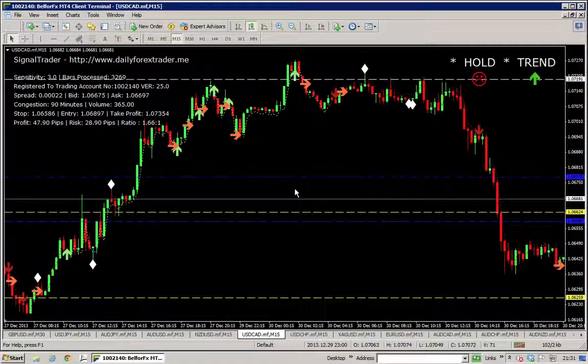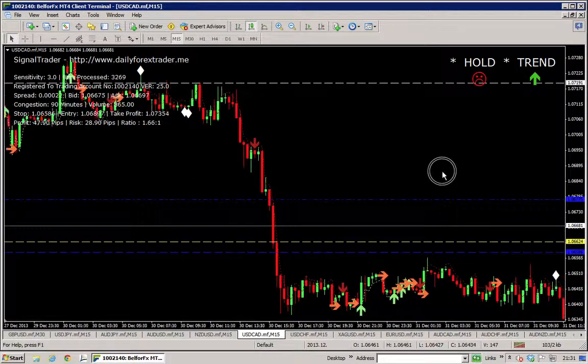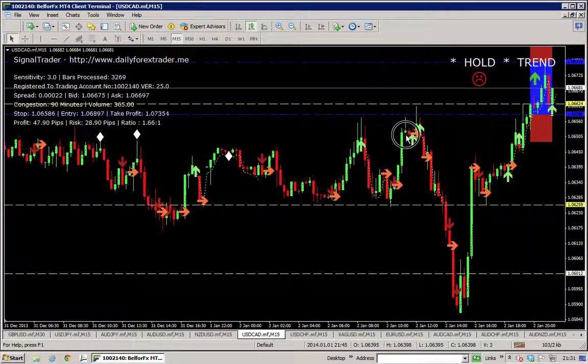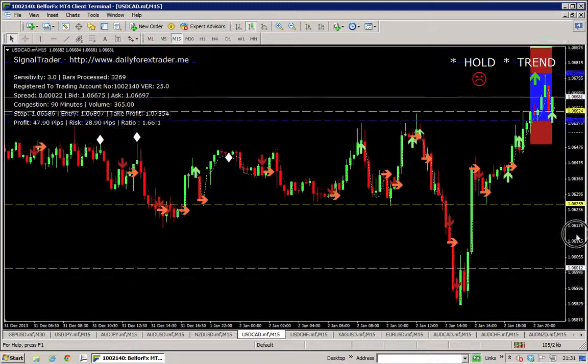If you use SignalTrader trading system, you don't actually have to draw any lines on your chart. It does it all for you, and in fact, it not only does that, it goes a step further and actually calculates the possible trade. I'm just going to scroll this out of here.